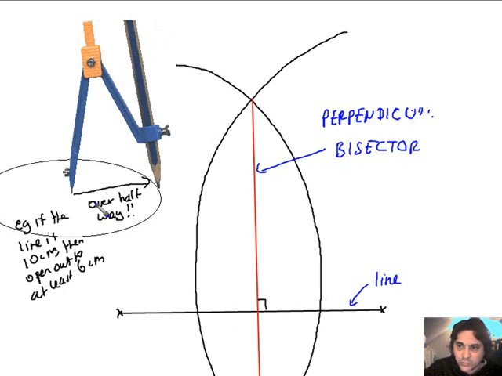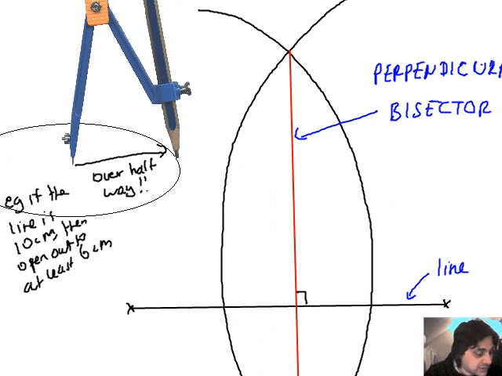Getting glitchy. Oh, come on, not now. The perpendicular bisector. Alright, that's best as undo. So this is a perpendicular bisector. It's a line that cuts another line in half and at 90 degrees as well. And that's how you construct a perpendicular bisector.